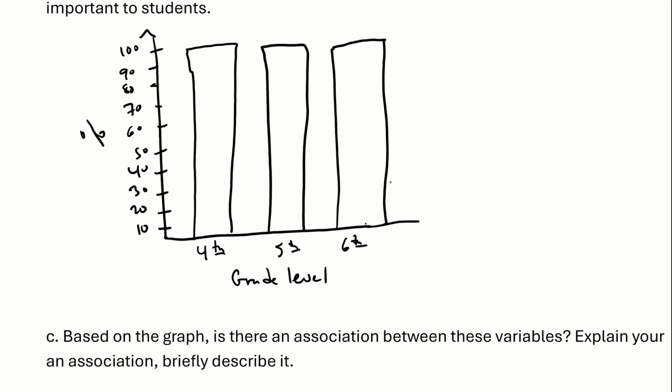All right, and then they all stack up to 100, and then we need a key, right? So the key is for the most important goal. Okay, so that's the key for the most important goal.